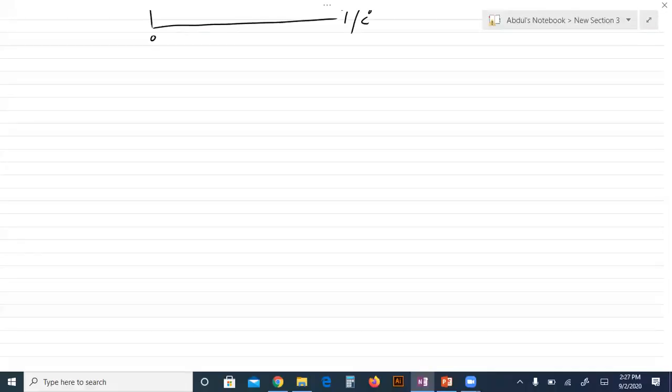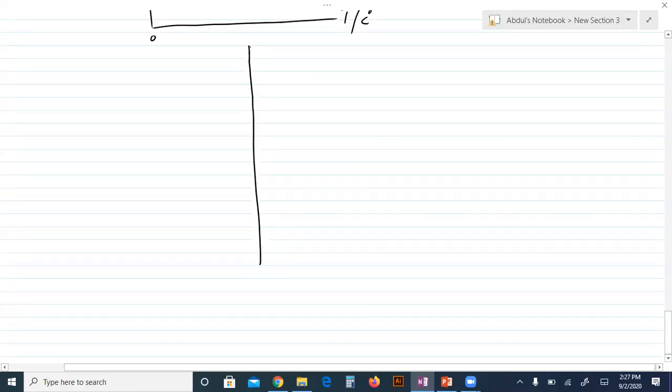Now suppose we have a liquid in glass thermometer. This is the bulb of the thermometer. It contains some thermometric liquid like pentane, mercury, alcohol.